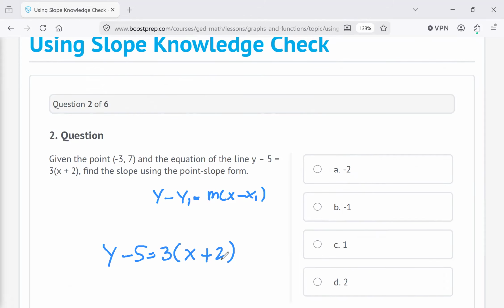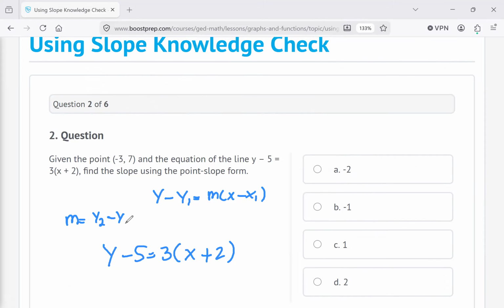I mean, I just looked at it. Oh, I see. I think we're gonna have to use the m formula.